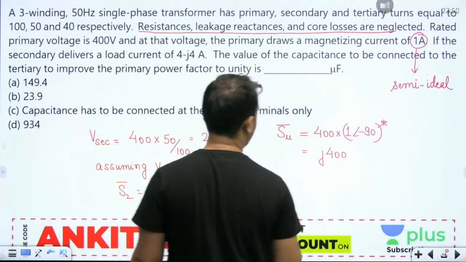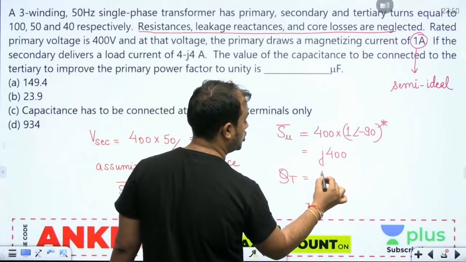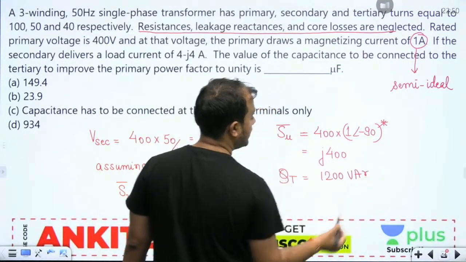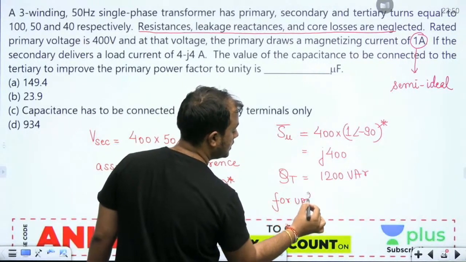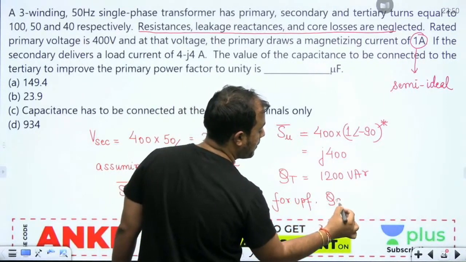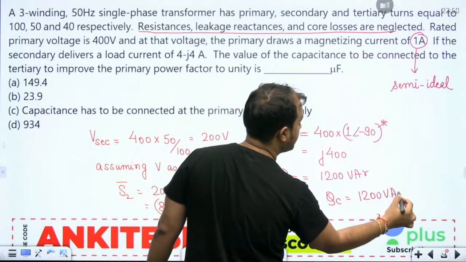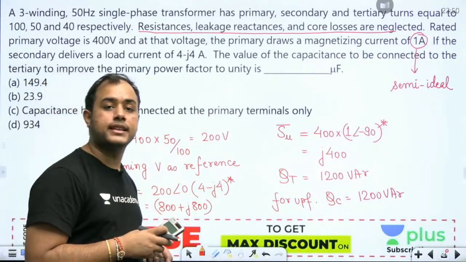So this is j400. That means the total reactive power consumed is 1200 VAR. So for unity power factor, the reactive power of the capacitor must be 1200 VAR. That is, the reactive power demanded by the load must be supplied by the capacitor.